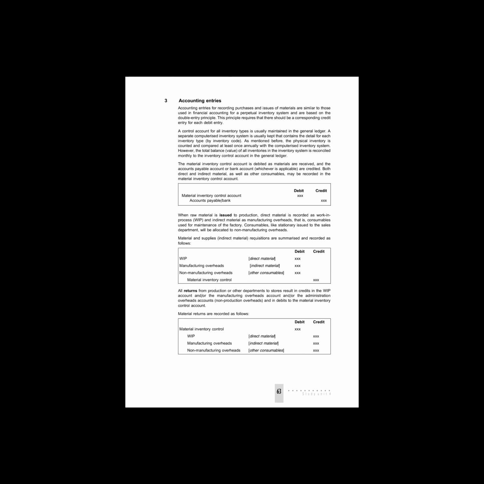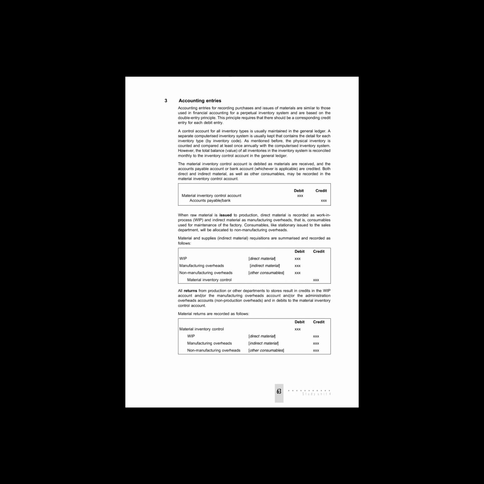Then on the credit side, it's either accounts payable, which is most likely if you have acquired it on credit, or it could be bank again. Once you've made a bank transfer or paid cash, then you simply take it to the bank and credit the bank.